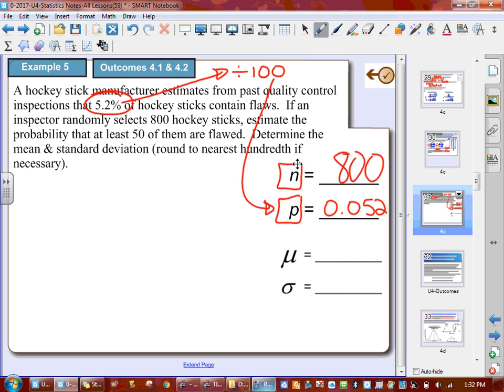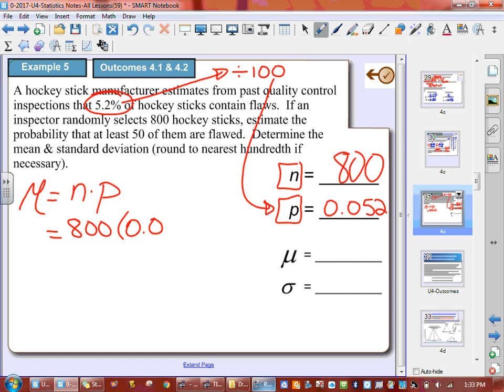Now what we're going to do is find the mean and standard deviation using those first two equations. So mean is equal to N times P. I'm going to take my N number, 800, and times it by my P number, 0.052. So what is the average number of sticks that would be affected here?